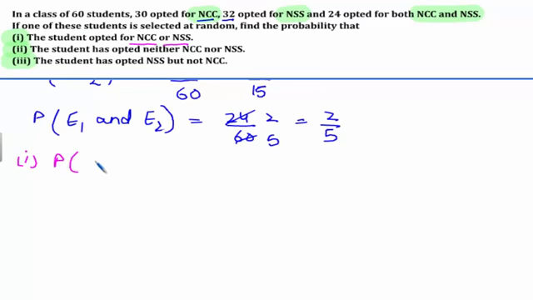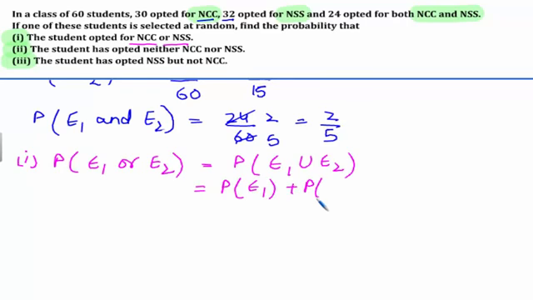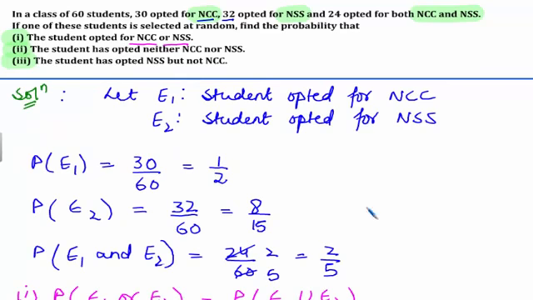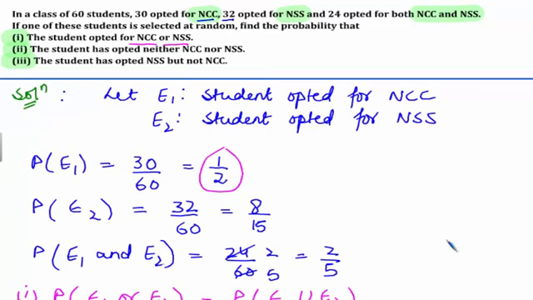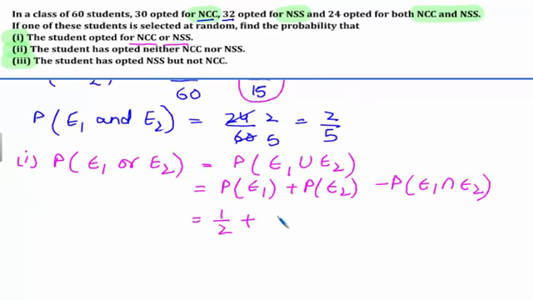Now first let us find out the probability that the student opted for NCC or NSS. So we have to find the probability of E1 or E2, which can also be written as E1 union E2. Now according to the formula, this is equal to probability of E1 plus probability of E2 minus probability of E1 intersection E2. Now probability of E1 is half. Probability of E2 is 8 upon 15. And probability of E1 intersection E2 is 2 upon 5.